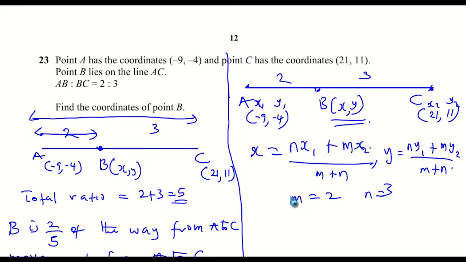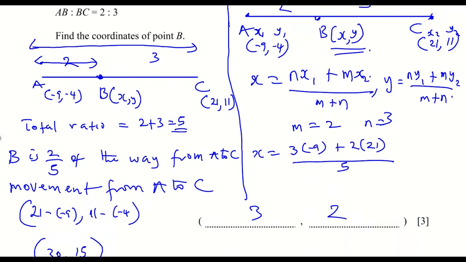This is pretty easy. If you substitute the values there, you get your answer without wasting any time. Let's do the first one. For x, we have 3 into x1, that's negative 9, plus 2 into x2, which is 21, over m plus n, that is 3 plus 2, 5.